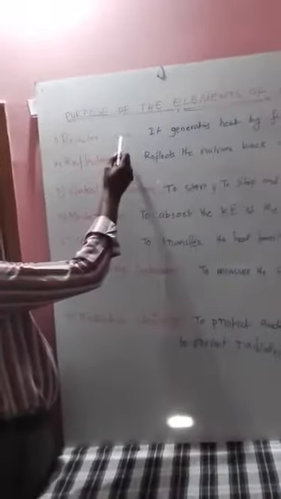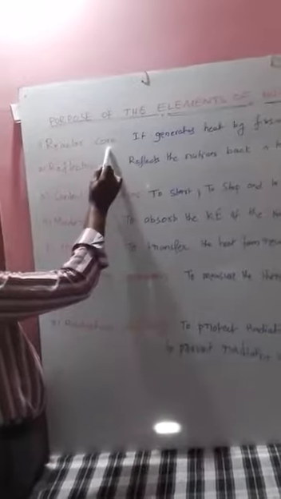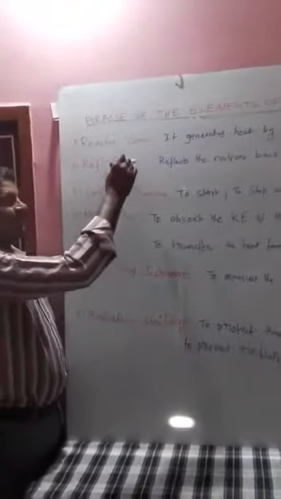Purpose of the elements of a nuclear reactor. First part, reactor core. It generates the heat by fission reaction. It plays the same role as the combustion chamber in thermal power plants, where the combustion chamber produces enough heat by the combustion of the fuel.